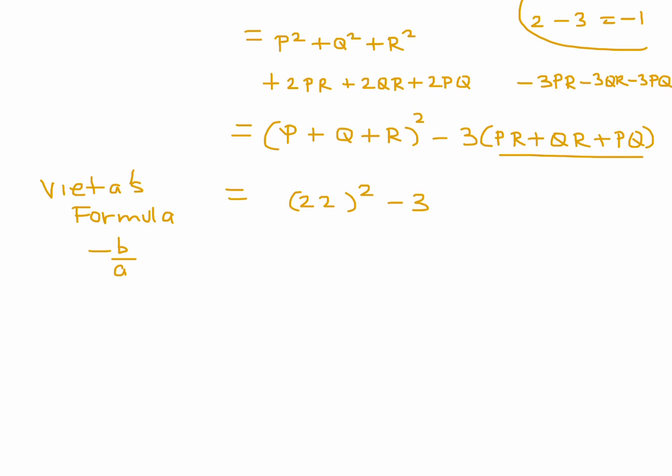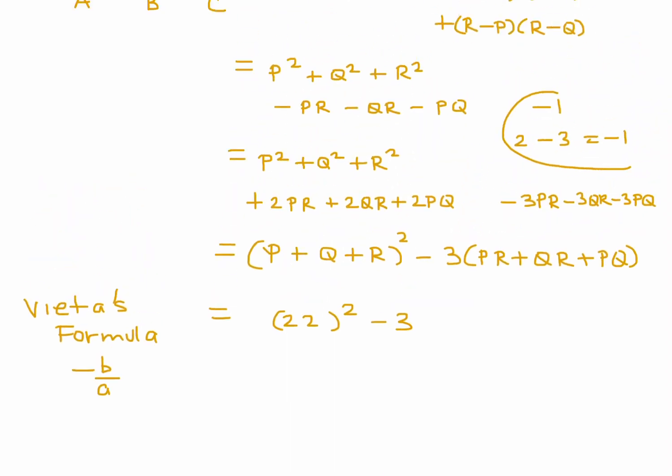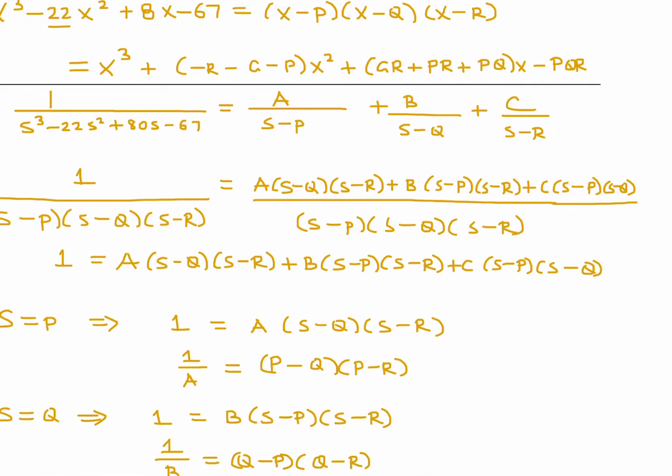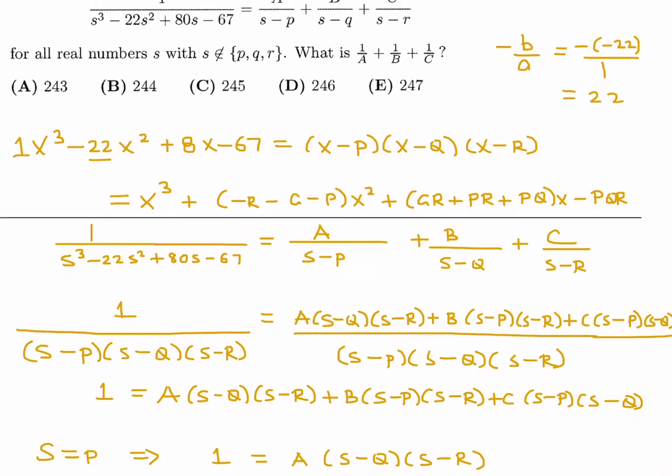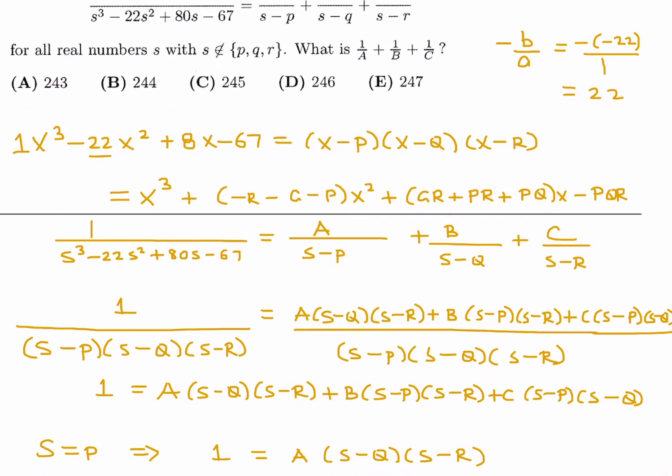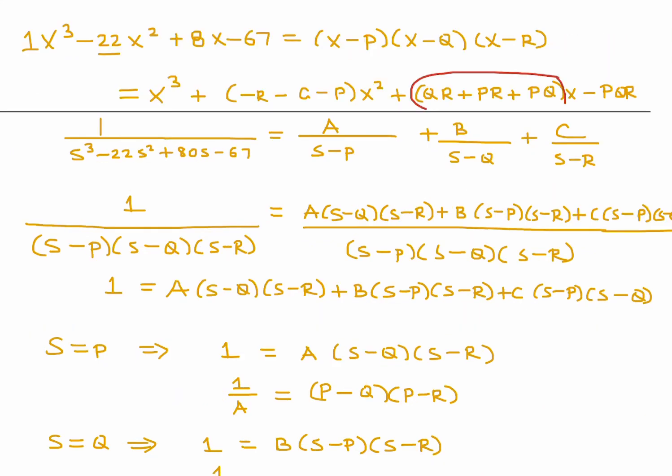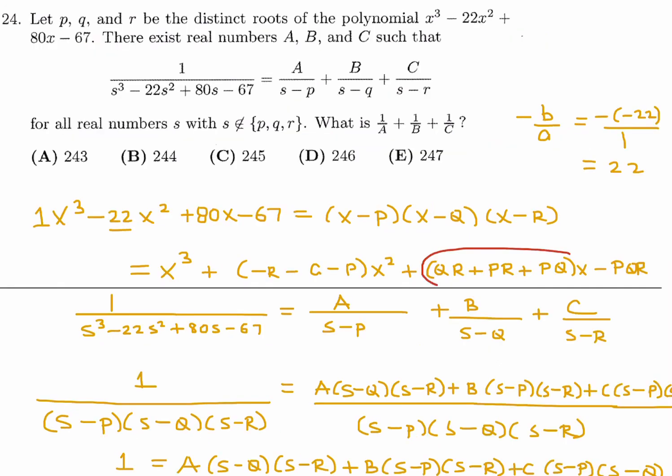And then we get to this guy, pr plus qr plus pq. Well, that, if you look at this one right here, is this right here, qr plus pr plus pq. It's basically the coefficient of the x term. And what is the coefficient of the x term? It is right here, 80. 80 is the coefficient.